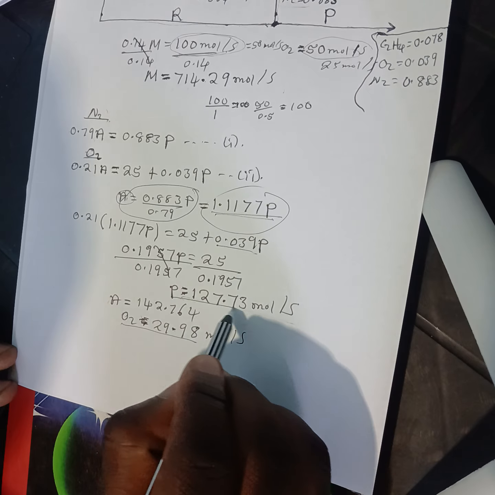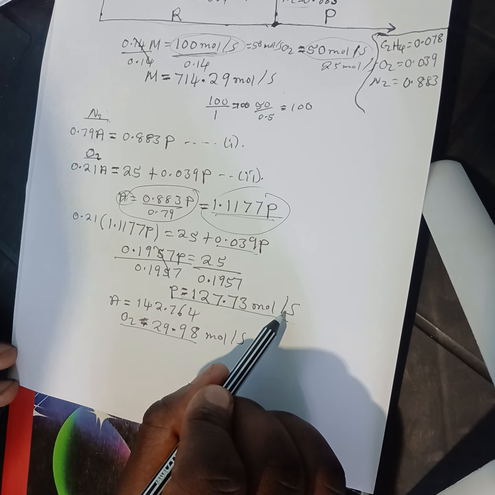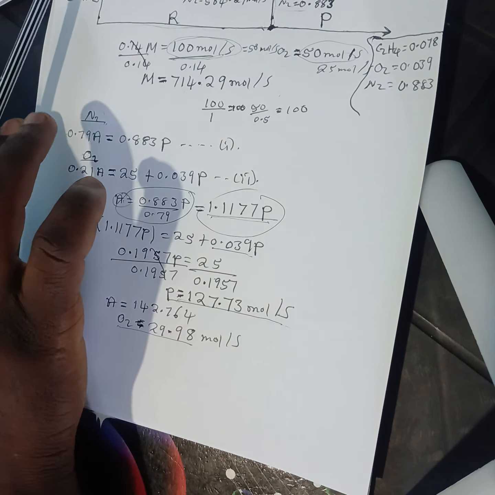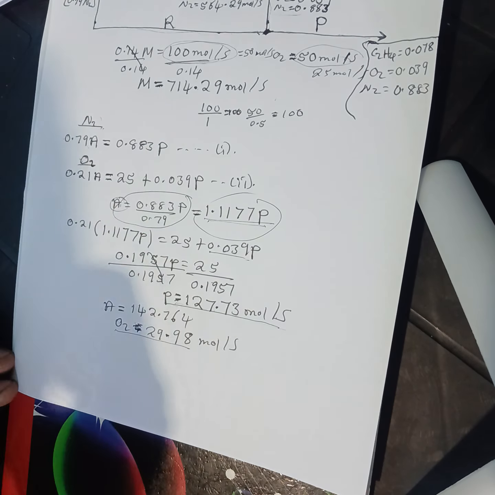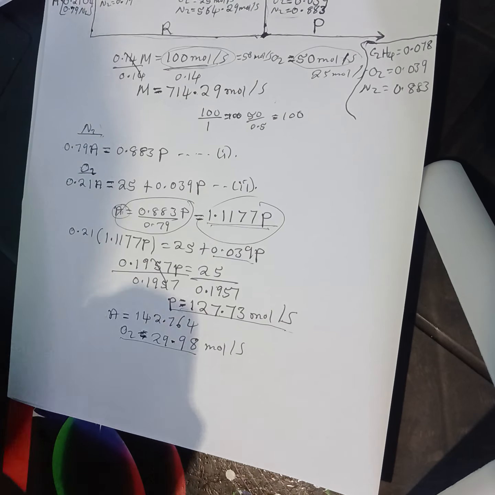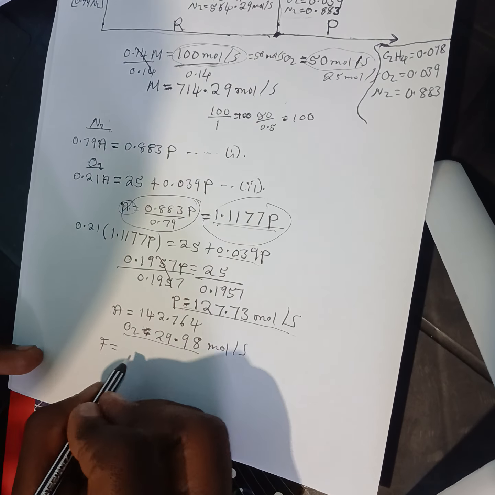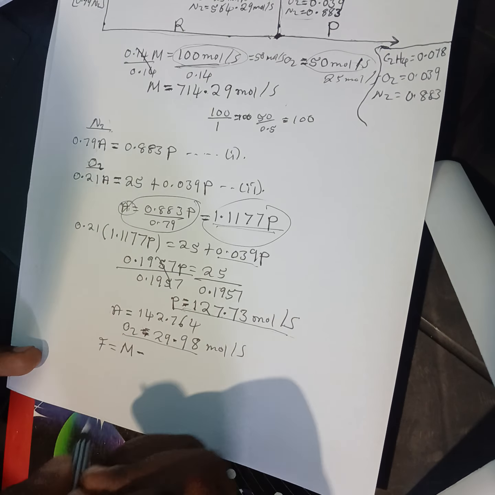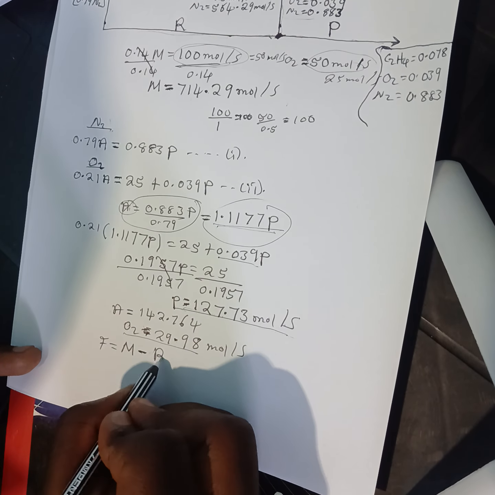Having established the purge stream, 127.73 mole per second, we know to say, at this point, fresh feed will be equal to the mixed feed minus the recycled feed.